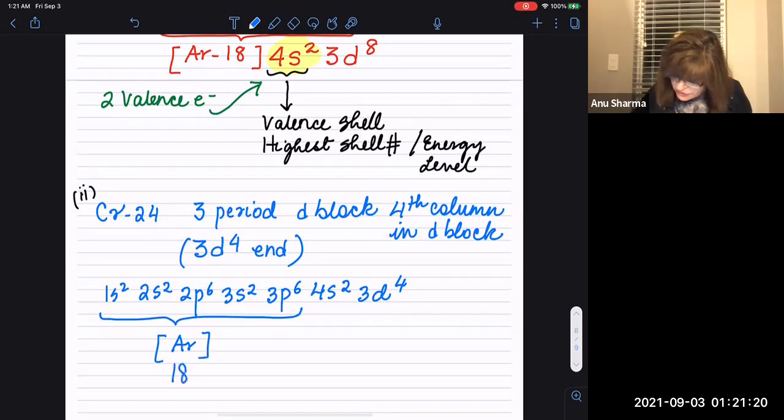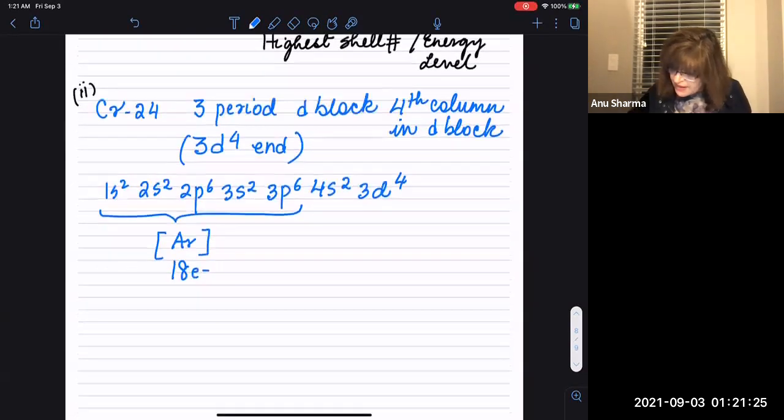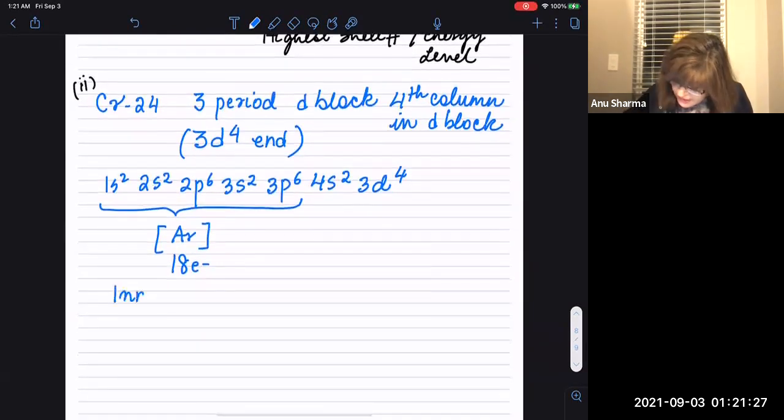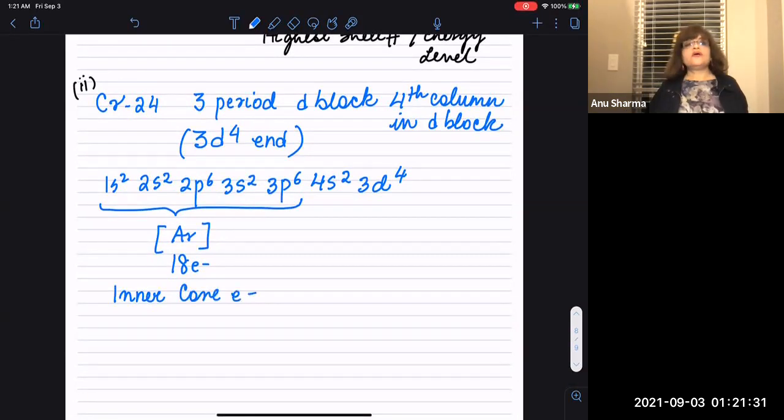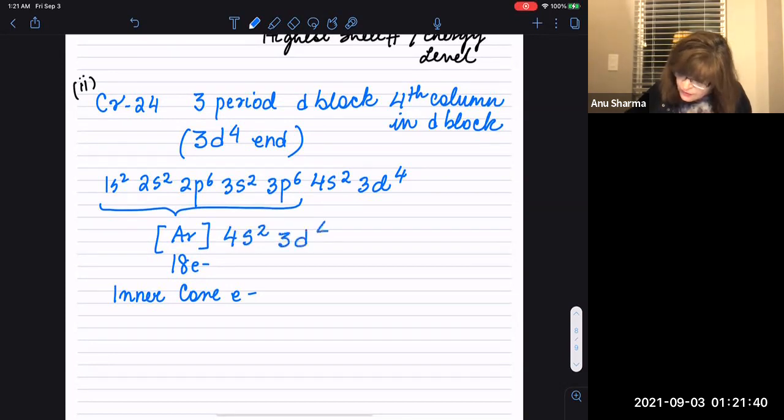That's 18 electrons accounted for, the inner core electrons. Inner core electrons are internally placed. Then comes 4s2 and 3d4.